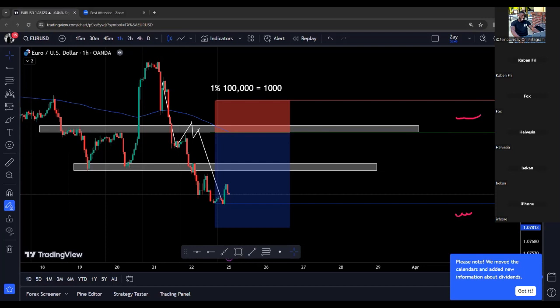So 1,000 divided by 30. Because that's what you're risking, your pip risk has to be equal to the $1,000. So you take $1,000 divided by 30 pips, and that gives you a lot size. I got 33.3. All right. Hold on, wait.